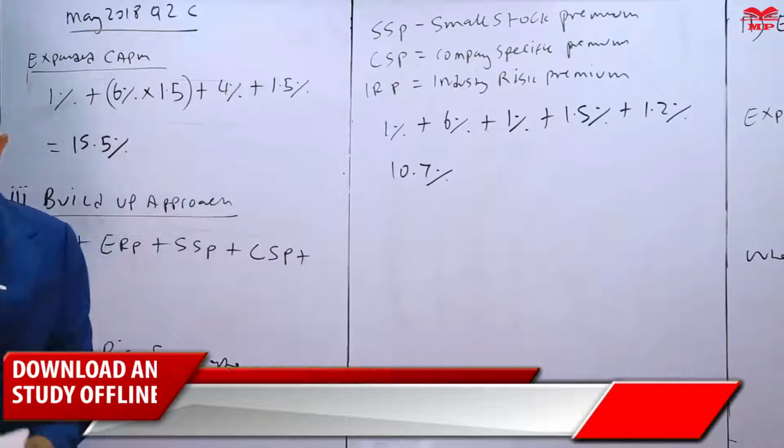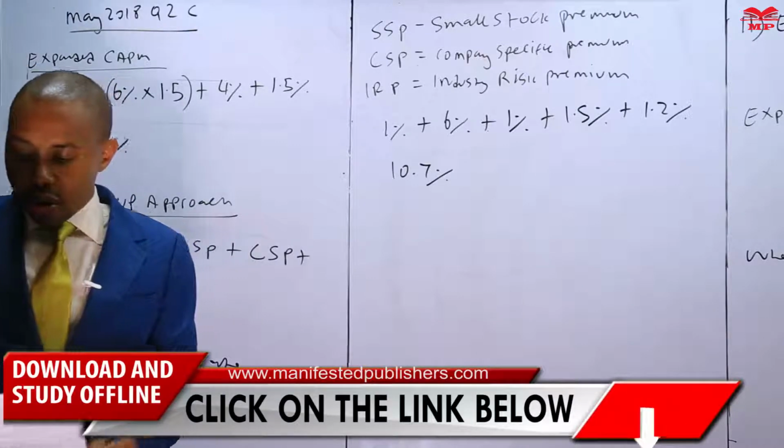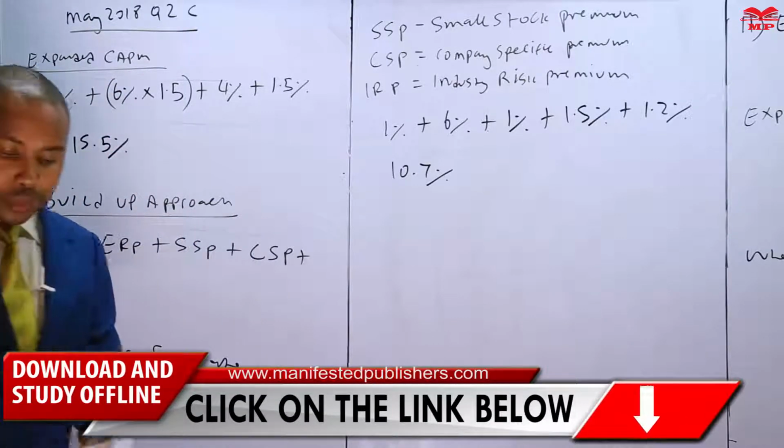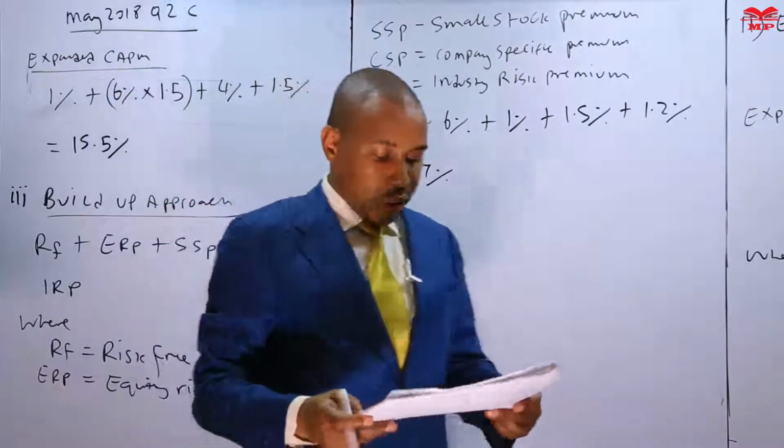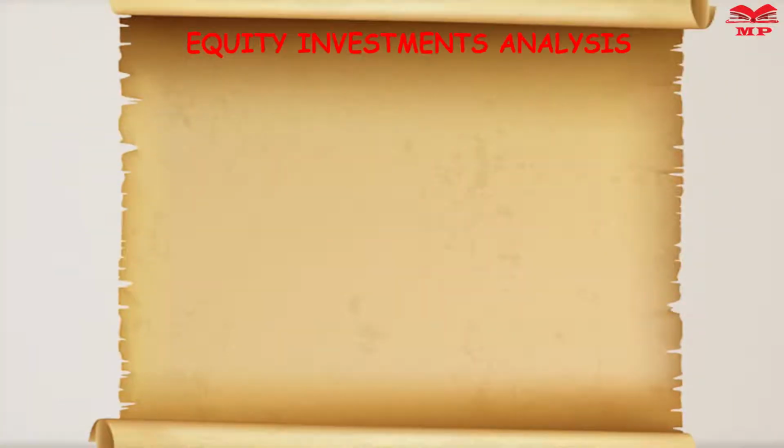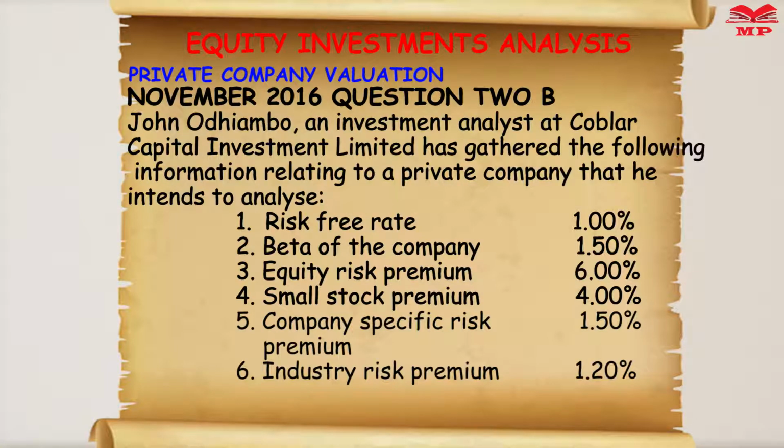Now we move on to November 2016 question 2B. It reads as follows. John Odhiambo, an investment analyst at Kobler Capital Limited, has gathered the following information relating to a private company that he intends to analyze.